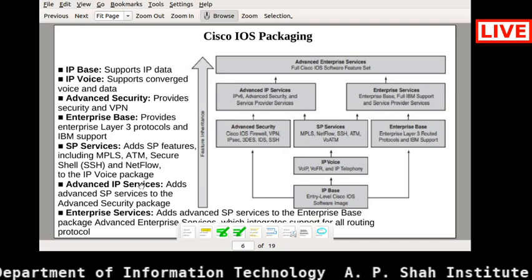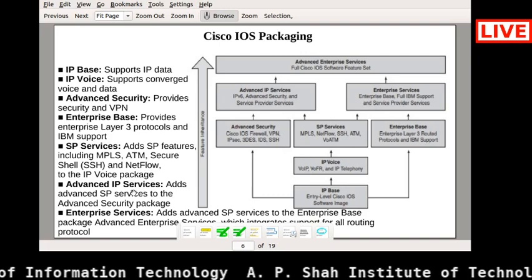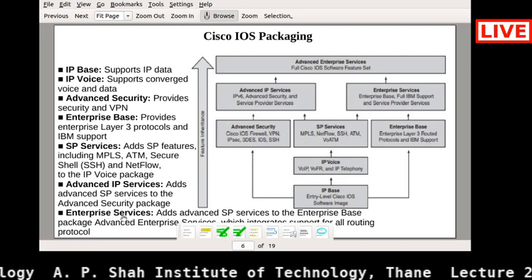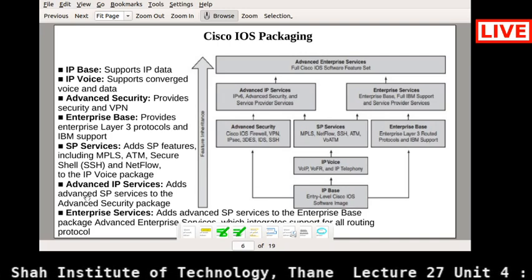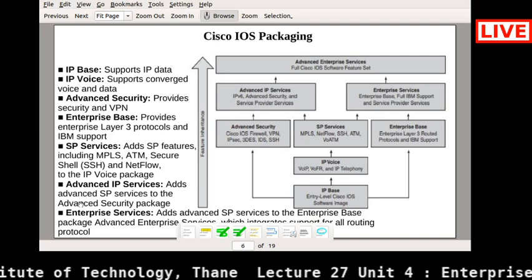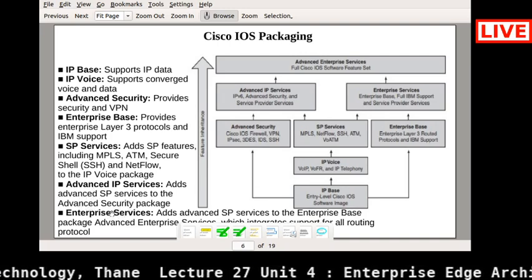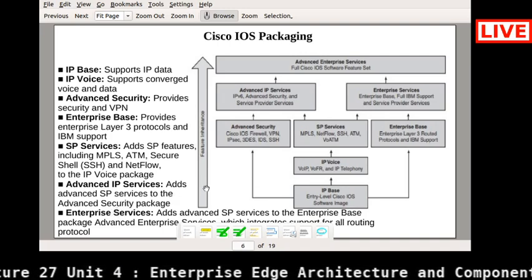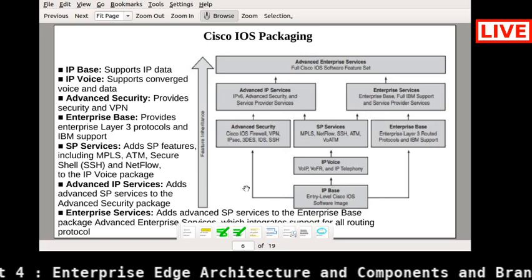Then the advanced IP services are used for the advanced security packages. And the last one is enterprise services, which adds the advanced service provider services to the enterprise base packages, and integrates the support of all routing protocols.